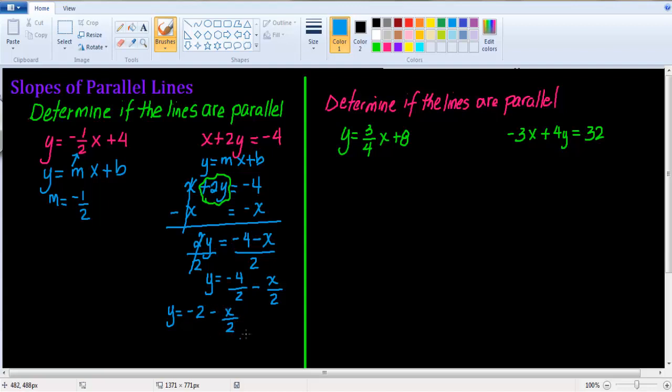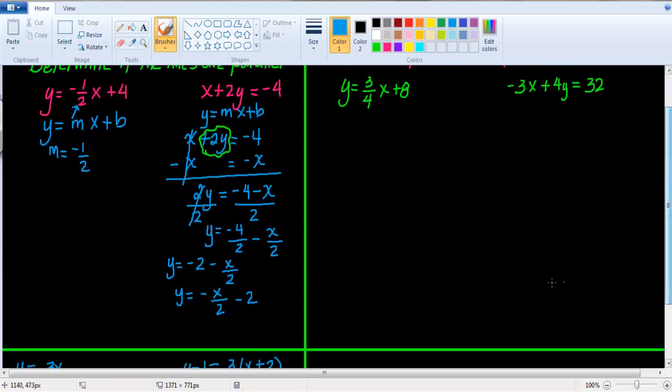Okay, now I'm going to rearrange the order of these terms so that the x comes first and the constant term comes last. So this looks like this. y is equal to -x/2 minus 2.